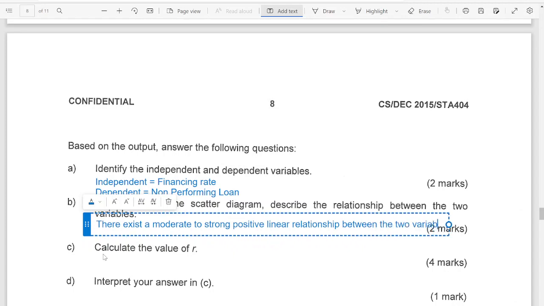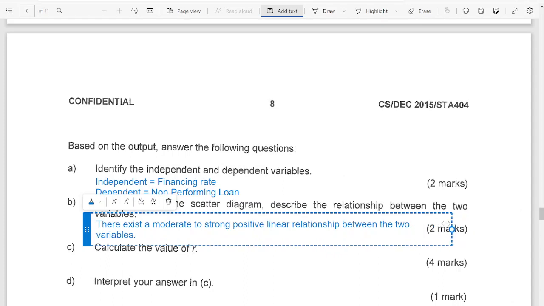Ataupun kalau you nak be more specific, you can just write down what are the variables. So you can just say that there exists a moderate to strong positive linear relationship between financing rate and non-performing loans. Boleh juga. Okay.